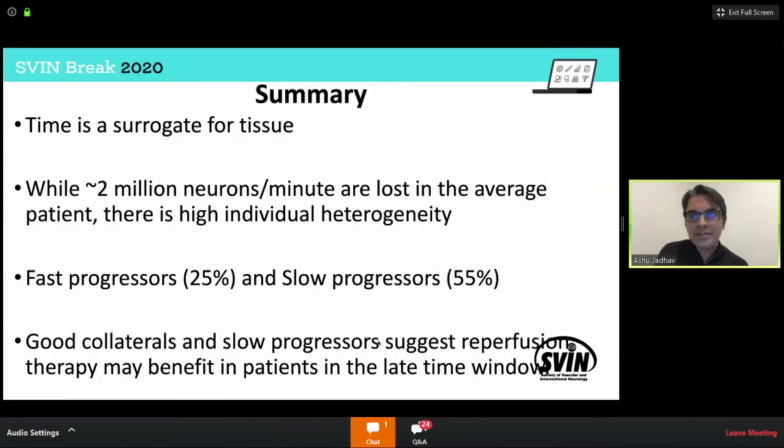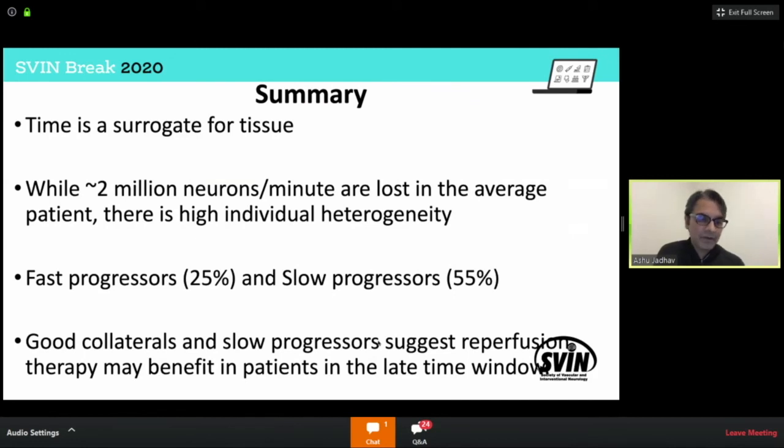So just to summarize this background here, time is a surrogate for tissue. That certainly time is still important. And as time progresses, patients lose tissue in the absence of reperfusion therapy. On average, patients lose about 2 million neurons per minute in the setting of a large vessel occlusion, but there is high individual heterogeneity, which is really the basis for why we can offer treatments at late time windows for a subset of patients.